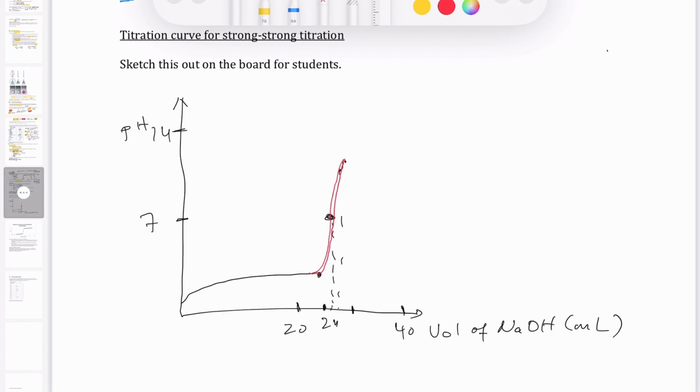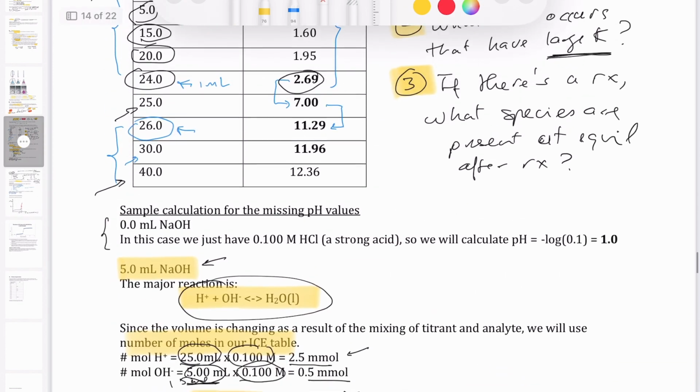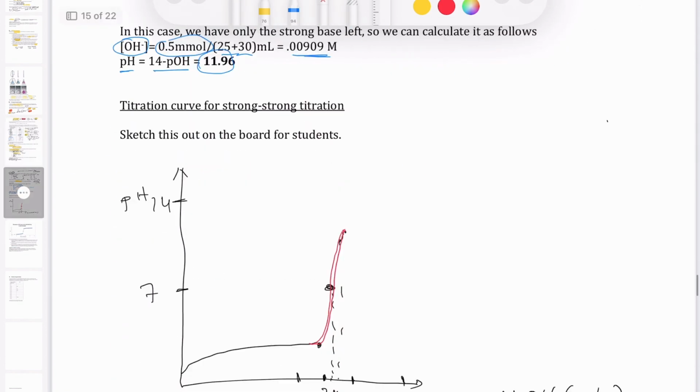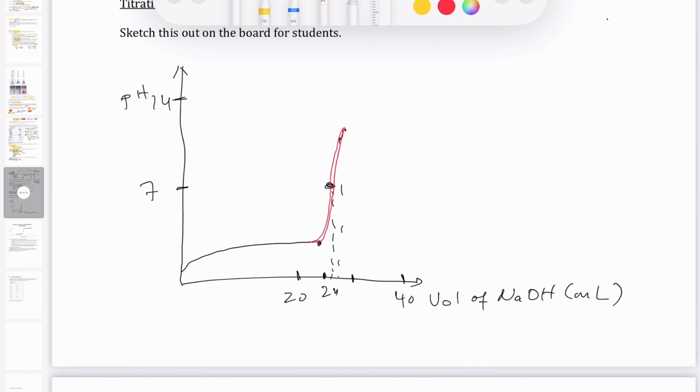And then after you reach that next point, the pH changes only slightly, 11.29 to 12.36 as you go through 40 milliliters in volume. So when you get to 40, the pH has gone up, but not by a whole lot. So again, you get this gradual increase in pH. So that would be what a strong titration or pH curve looks like.